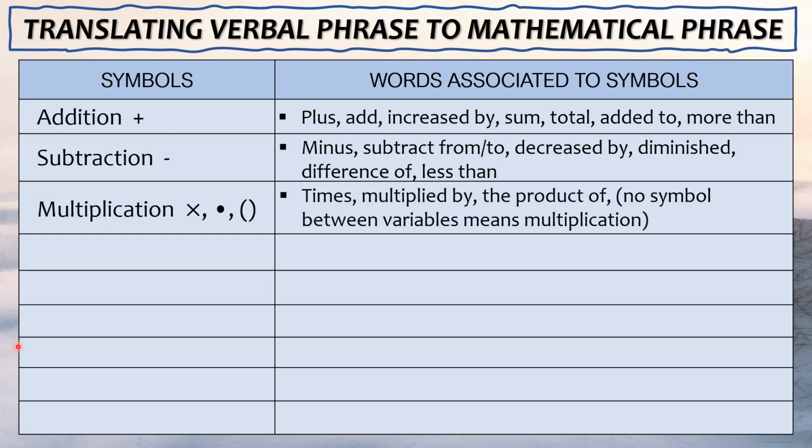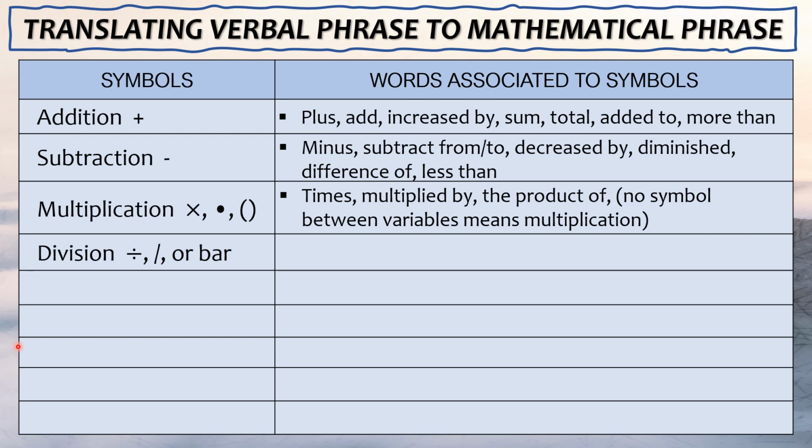Ang mga keywords naman sa multiplication ay times, multiplied by, the product of, or no symbol between variables means multiplication. Kapag magkatabi ang dalawang variables or dalawang letter, automatic that is multiplication. Kapag magkatabi ang isang constant o number at isang variable or more than one variable, automatic that is also multiplication.